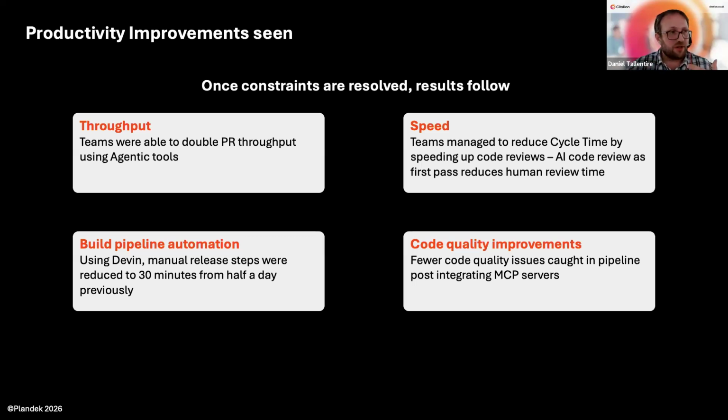One of the other constraints that we resolved: originally, we had this constraint where the Sonar issues only get caught in the pipeline. One of the steps we then took was to use the MCP servers to eliminate that constraint. So rather than having to wait for the pipeline to complete to say here are the Sonar issues, giving the agent or even the local tool access to Sonar through MCP allowed us to check those issues, but also get higher quality information about what that issue is, rather than just a message from the pipeline saying there's an issue with this line number.